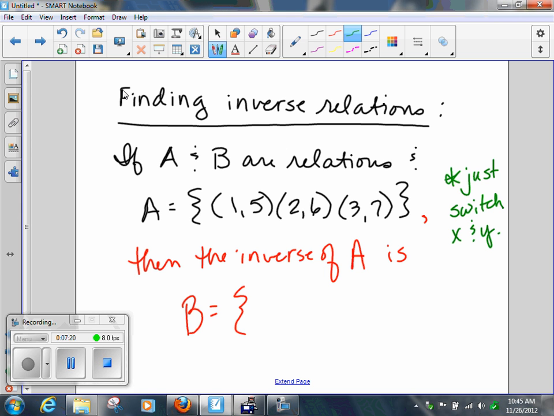That's it. Just switch X and Y. So that means that the set B will contain what ordered pairs? (5, 1), (6, 2), (7, 3).